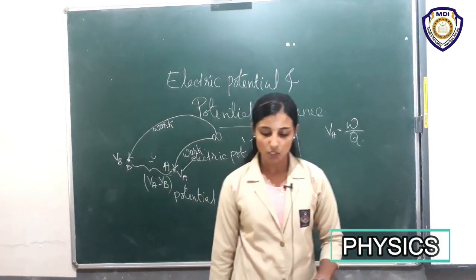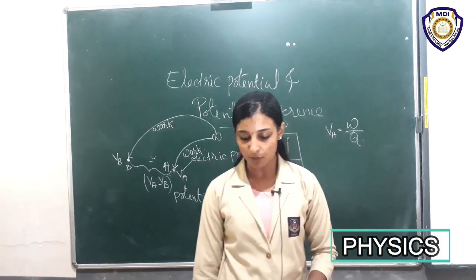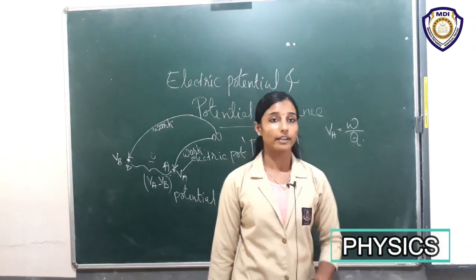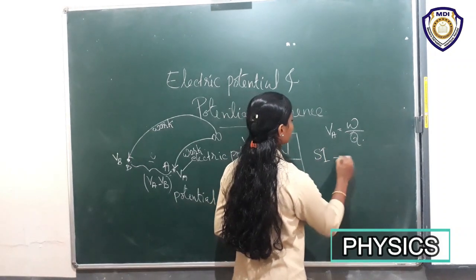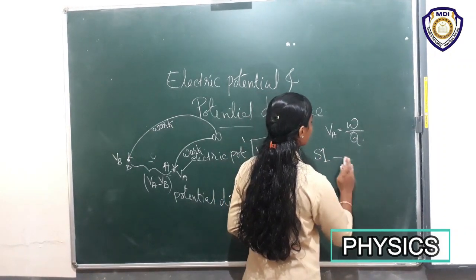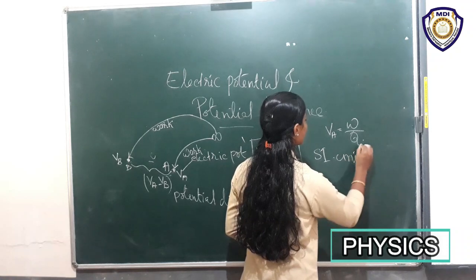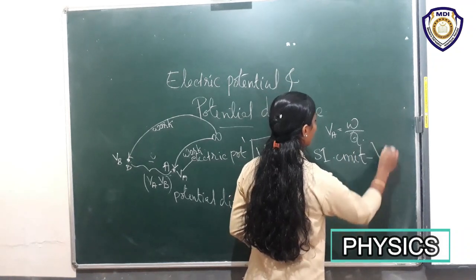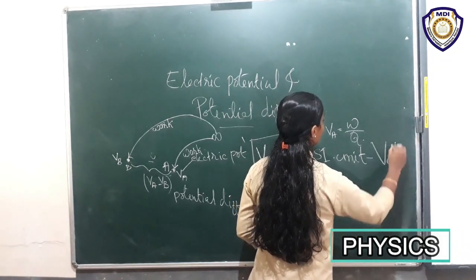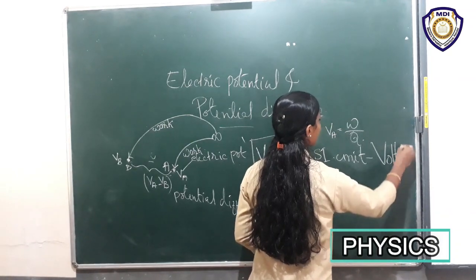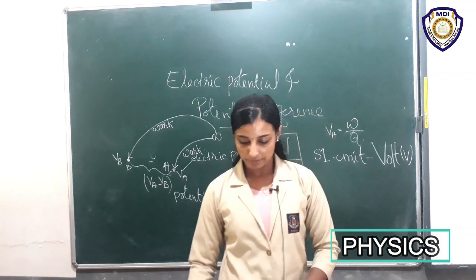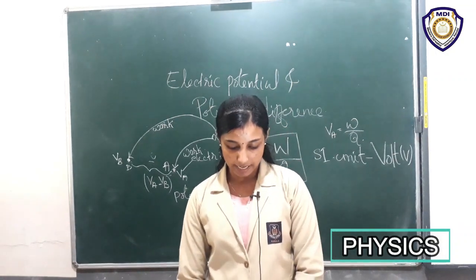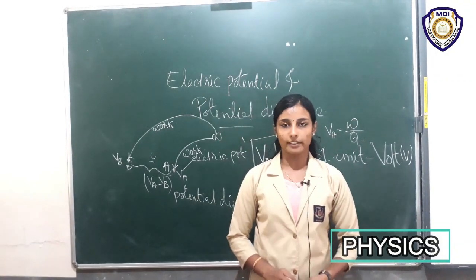So the SI unit of electric potential difference is volt, and it is represented by the letter V. It is named after Alessandro Volta.